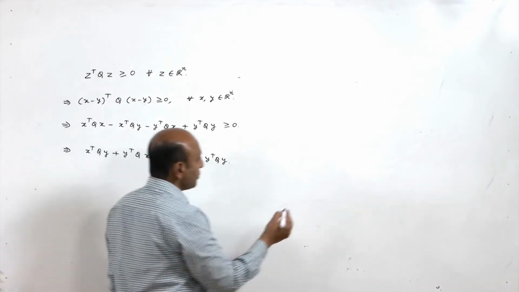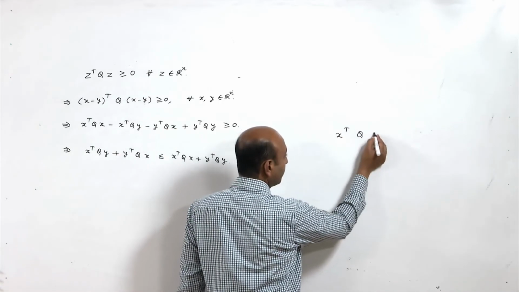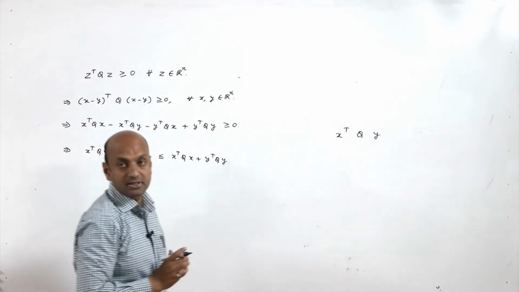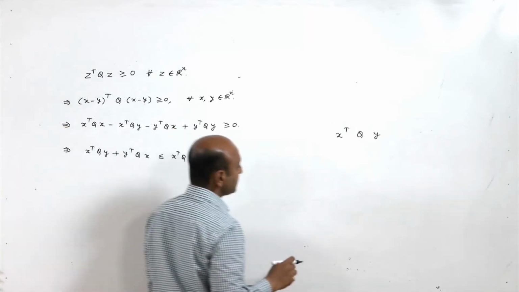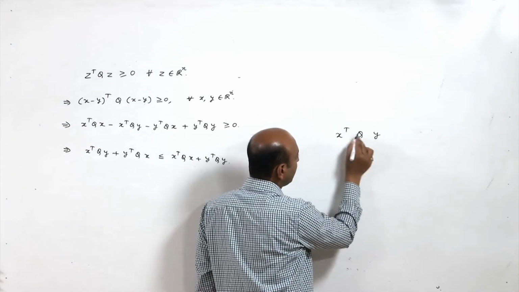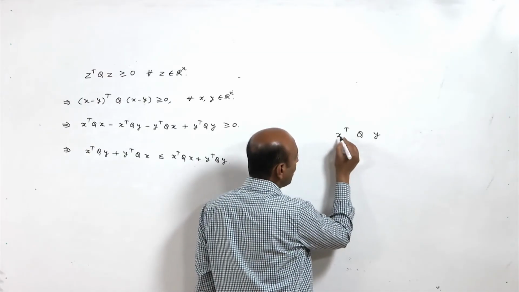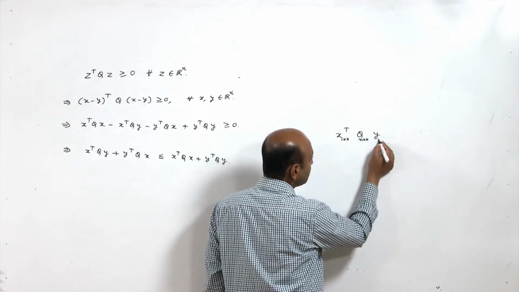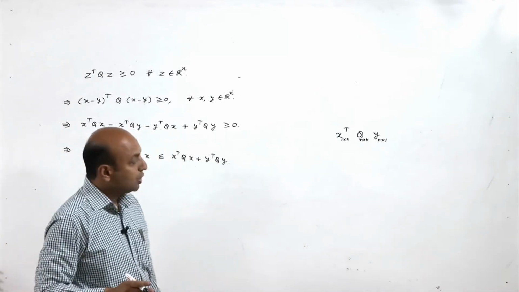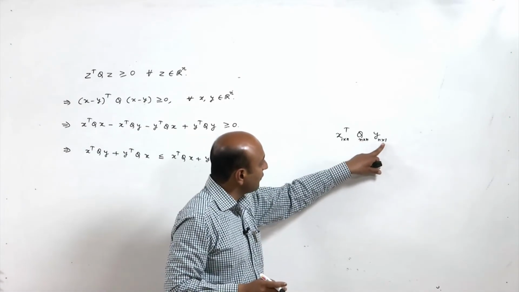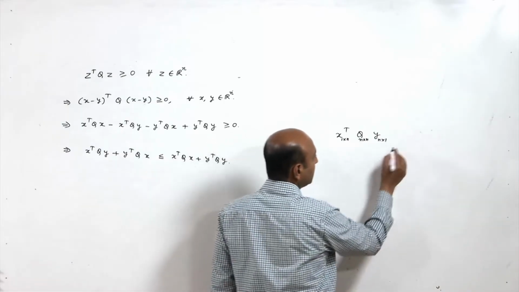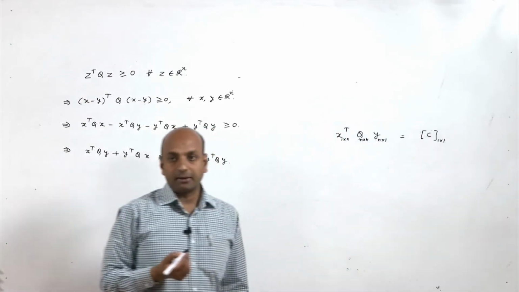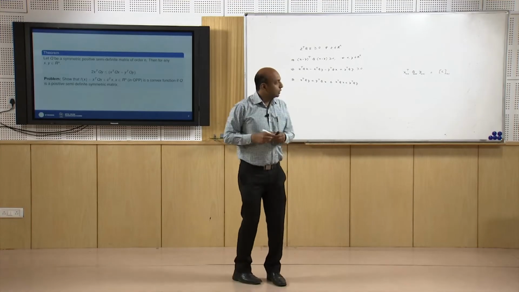Now this x transpose Qy is a scalar, because x transpose is a row vector of one row and n columns, Q is n cross n, and y is n cross 1, a column vector. So when you multiply, it is 1 cross n times n cross 1, that is, some new matrix C which is 1 cross 1. So it is a scalar.